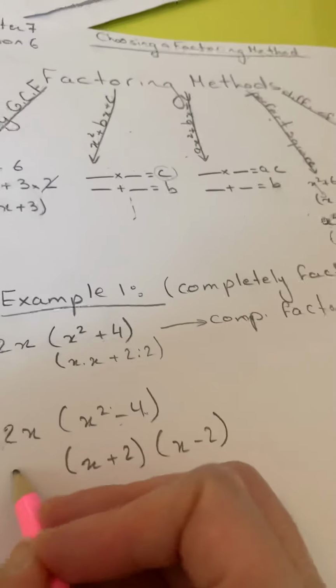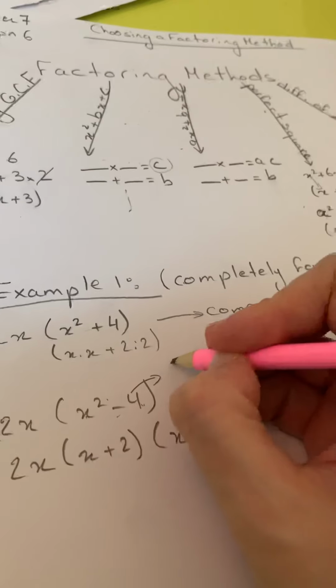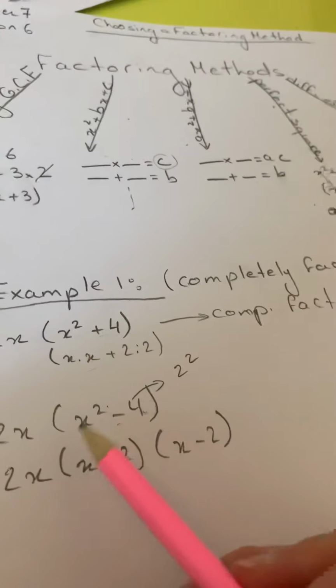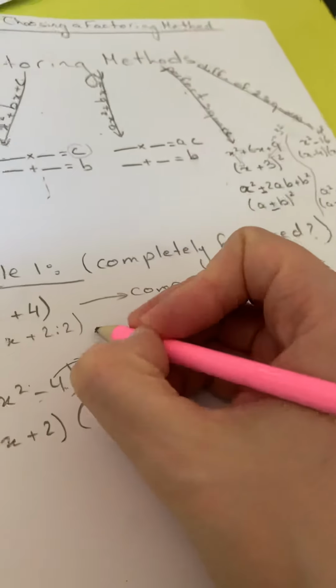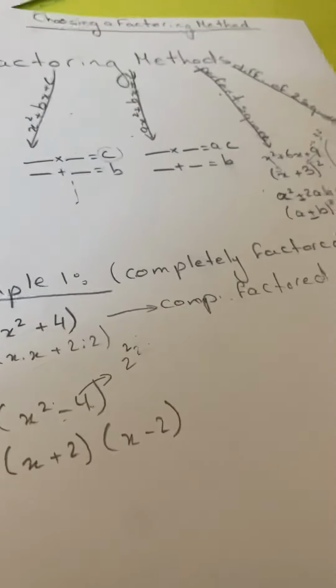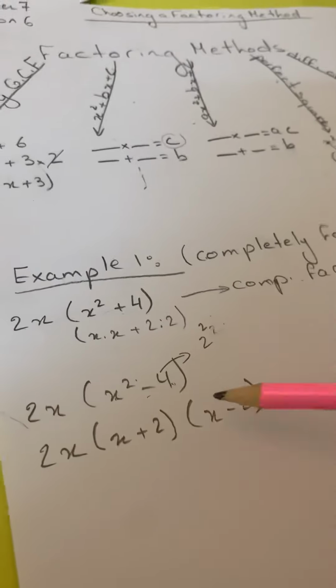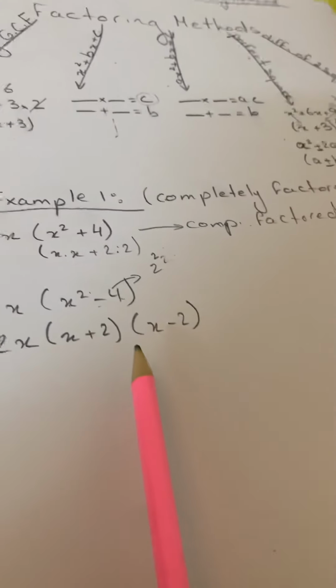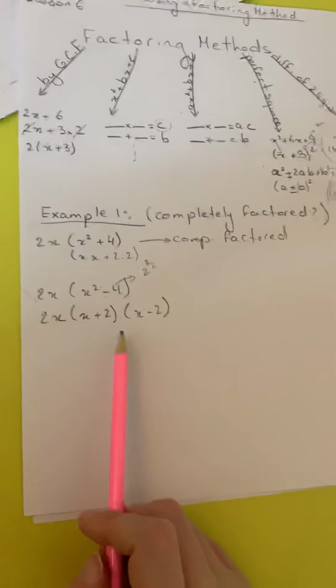And of course, there is a 2x here. 4, taking into consideration that 2 is power 2, so I put it x minus 2 and x plus 2. This is a power 2. Okay, so you have to recall this method in order to continue here. So was this a completely factored form? No, it wasn't completely factored. We just factored it now.